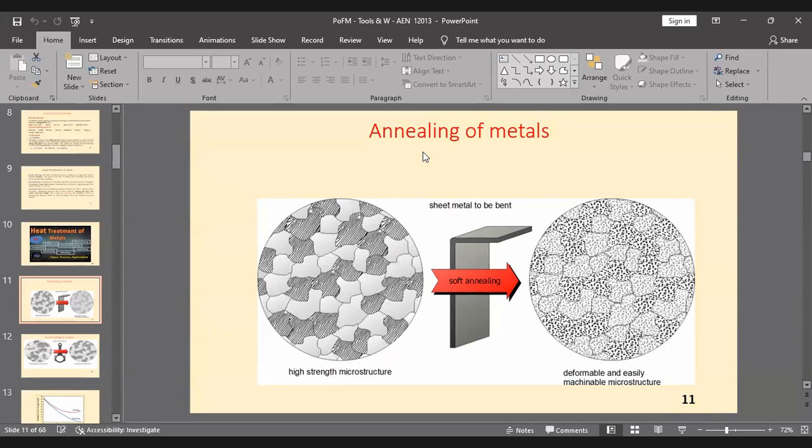A deformable and easily machinable microstructure. Machinable means it can be utilized in machines for making some other product. That is the meaning of machinable. So this is slightly soft material, and this is slightly hard material.